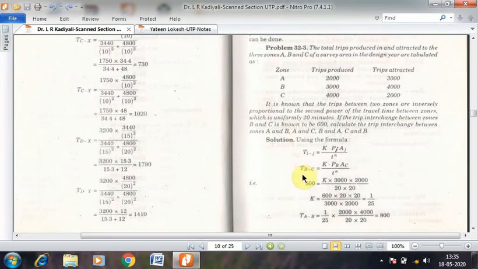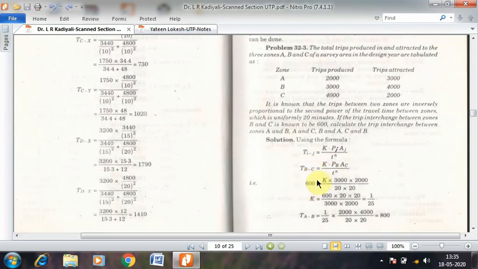Therefore, T_BC is equal to k, where B is the origin and C is the destination, so P_B multiplied by A_C divided by t raised to n. Now the trip interchange is already given in the problem as 600, so this value is already known to us.